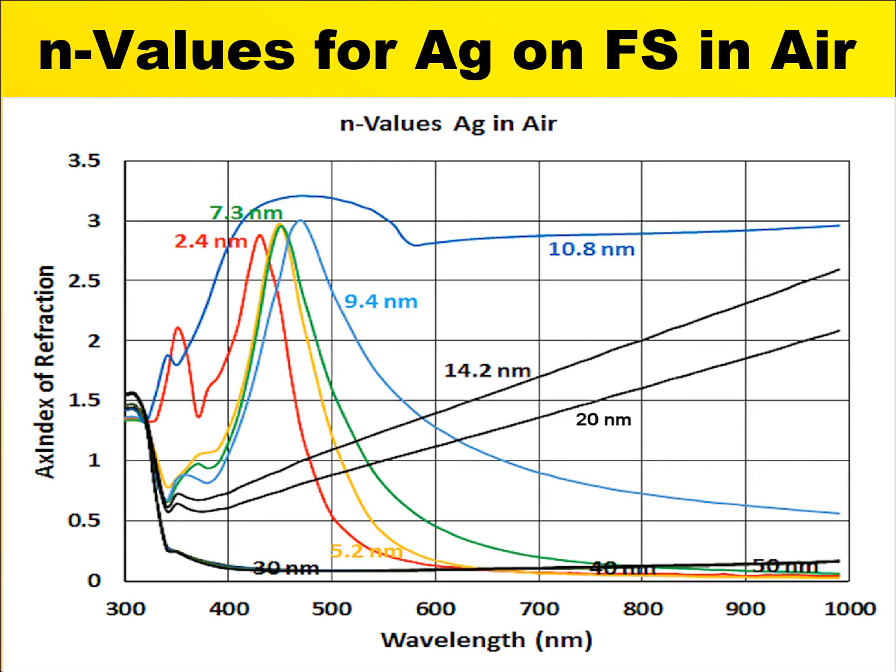Now here's the N values of a silver film deposited on fused silica with air as the final medium. And thin films, like 2.4 nanometers here being the thinnest one shown, go all the way up to thicknesses of 50 nanometers. So somewhere past 20, going on 30 nanometers, this will look like a continuous film and have bulk properties, so it doesn't change thereafter as a function of the thickness of the coating.